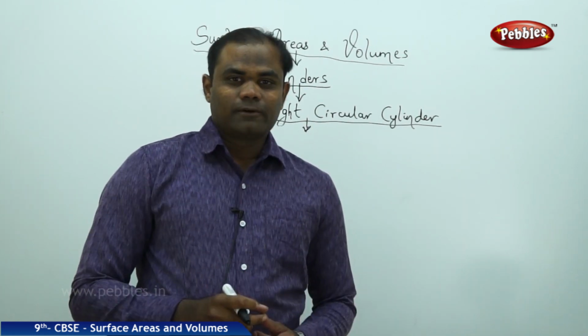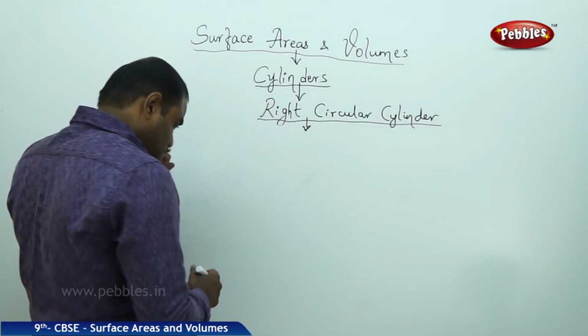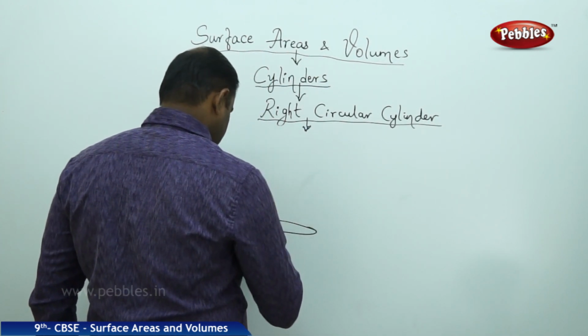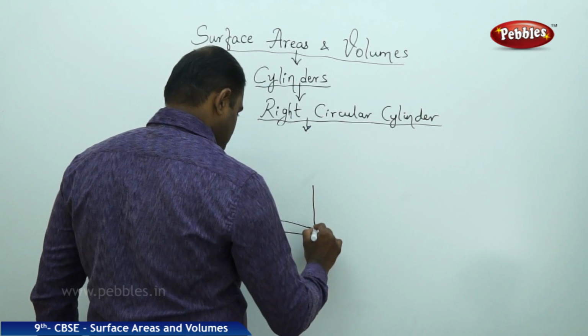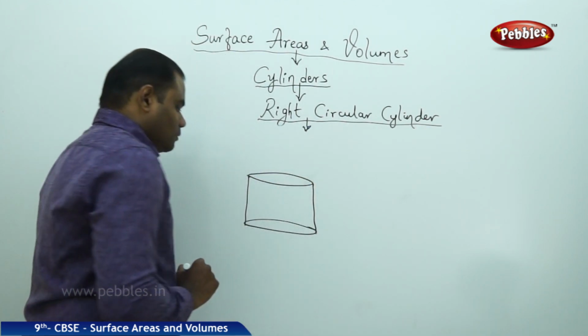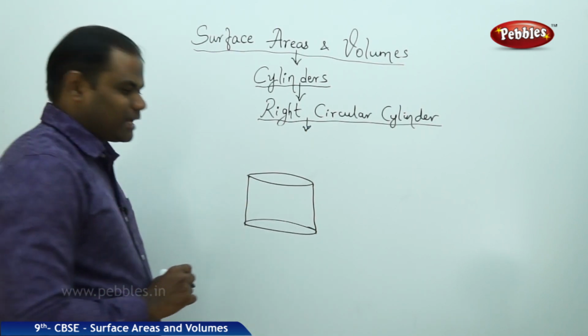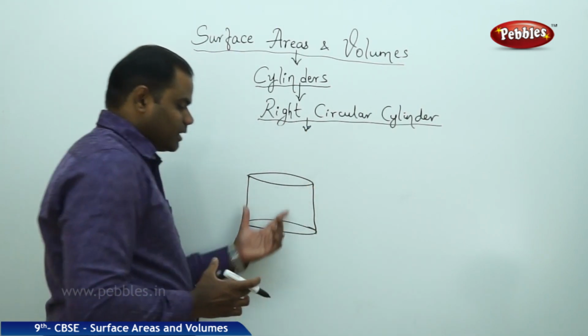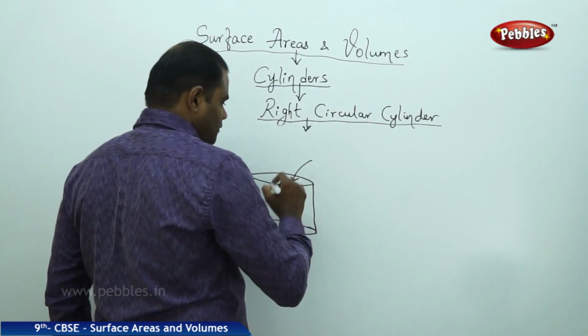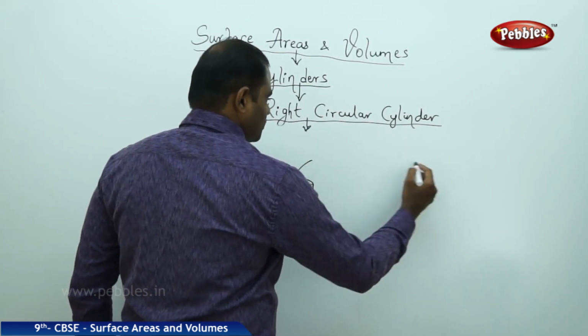For example, I take a shape which looks like a cylinder, but actually this solid is formed by constructing a different object, which is in the shape of this.